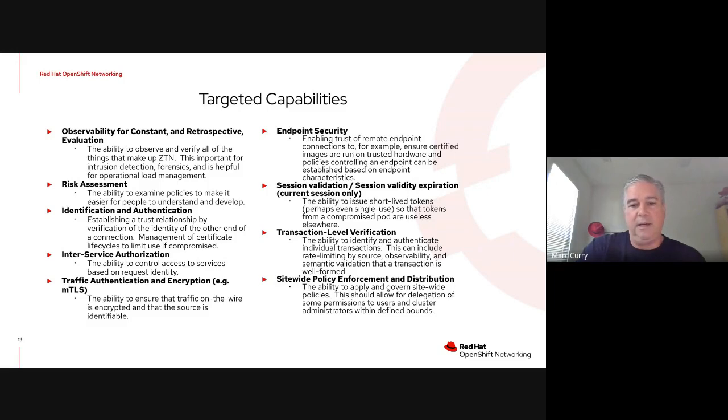One of the things that we need to be when we do this is agile enough to understand that the threat environment is always changing. And so we need to be able to adapt to that in a very quick manner with an industrial strength solution.